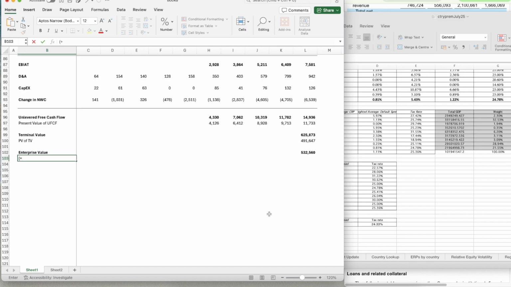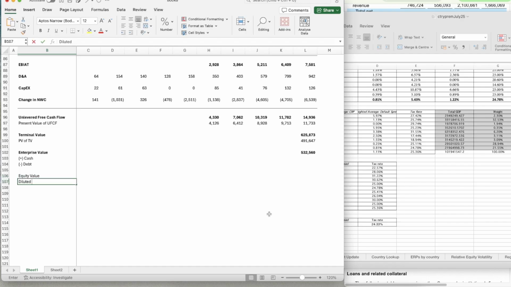We want to add back in cash, and I'm going to add in the Bitcoin as well. Actually, no, we'll just do it as what it says on the balance sheet, and we'll minus the debt to get our equity value.